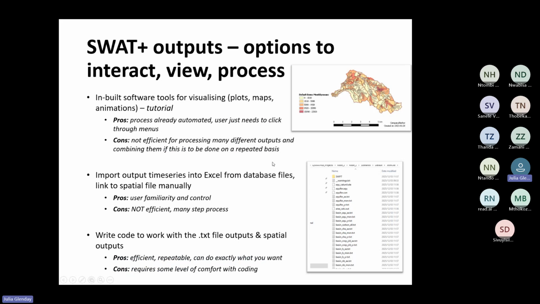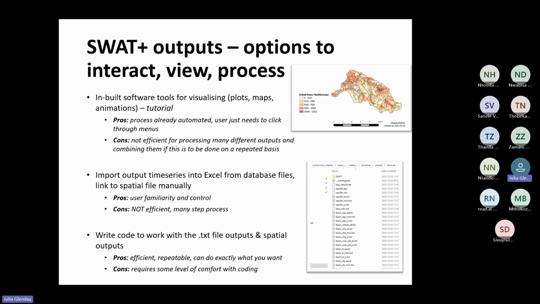So what all of this means, we've got storage of outputs as a database file and storage of outputs in separate text files. What this means about how we look at the outputs, there are these inbuilt software tools that we're going to go through now for the tutorial that help you interact with these outputs.